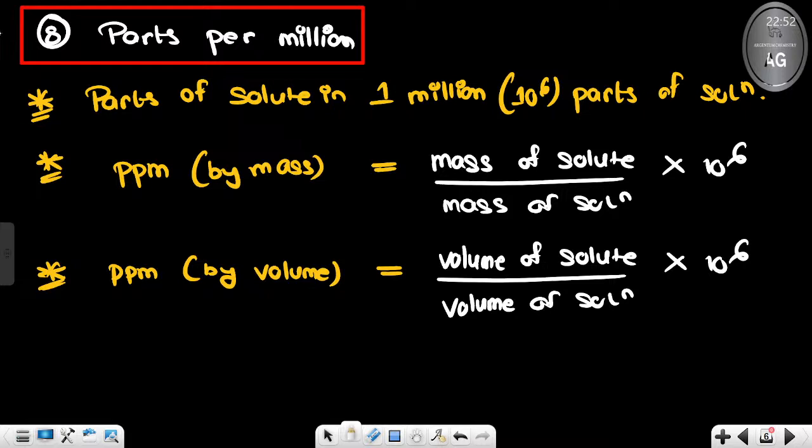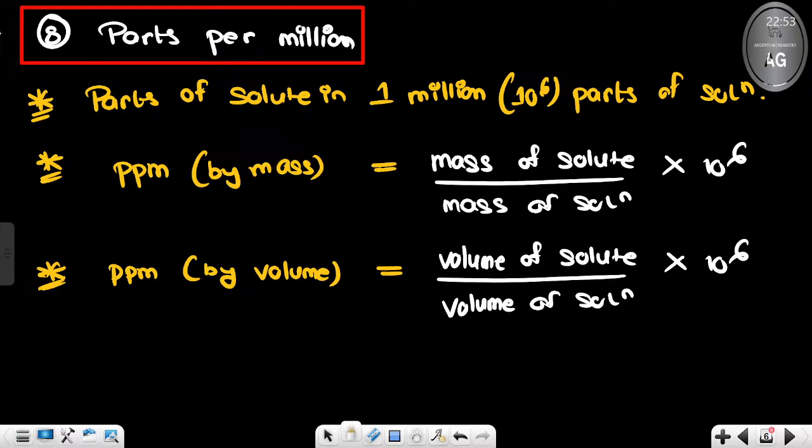Equivalent mass is basically the mass of a substance. Listen to me very carefully, because I am saying it very slowly so you can understand. Equivalent mass of a substance is that mass which will react or displace or produce one of three things: 1.008 gram of hydrogen, or 8 gram of oxygen, or 35.5 parts by mass of chlorine.